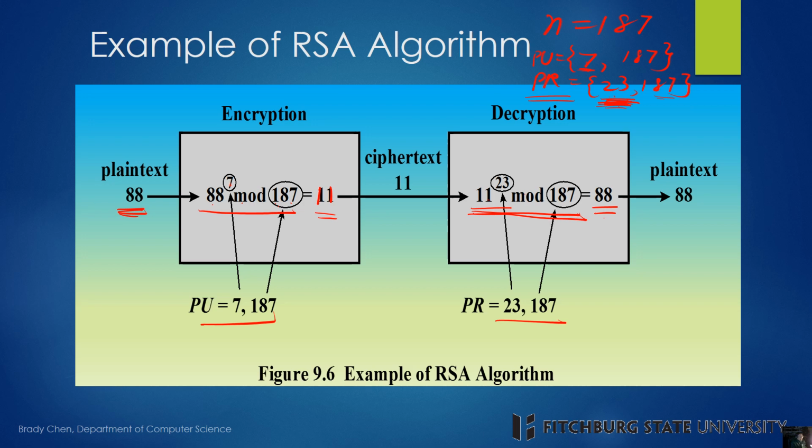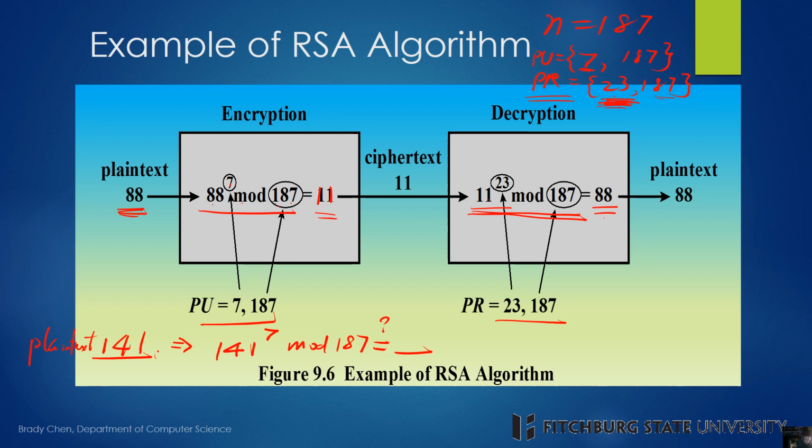Now let's pick another number, say the plain text is 141. We're going to do the calculation: 141 to the 7 mod 187. And what is this? I can leave that question to you.